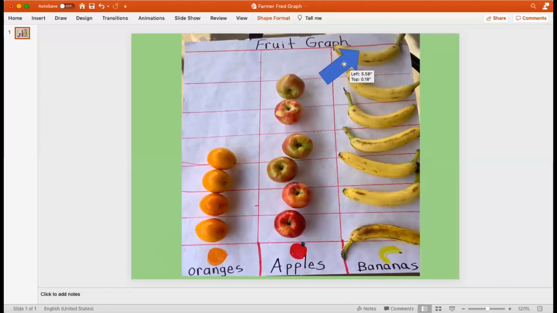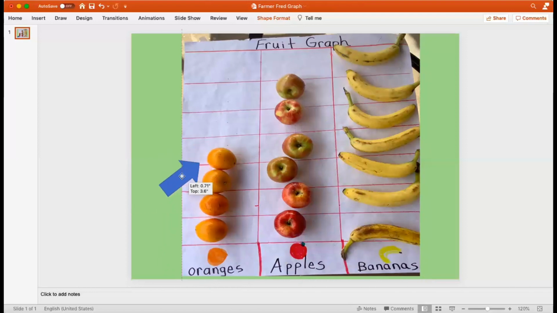I'm also able to see right away which fruit I have the least of. Do you see it? That's right. The oranges. The fruit that I have the least of is the oranges. I know that because the orange column is shorter than the apple column, and the orange column is shorter than the banana column.